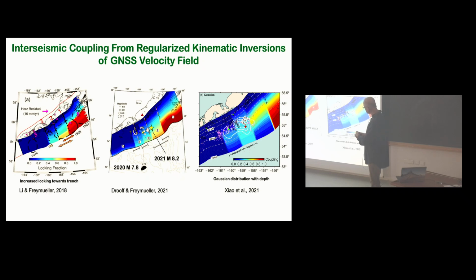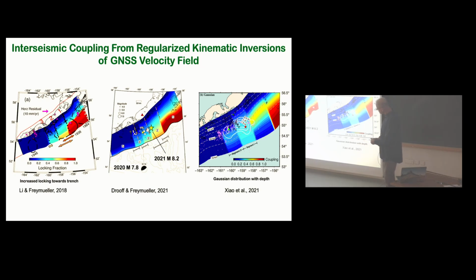So there's that gradient from strong coupling as you extend into the 1964 coseismic rupture area, and then going to decreasing coupling to the west.